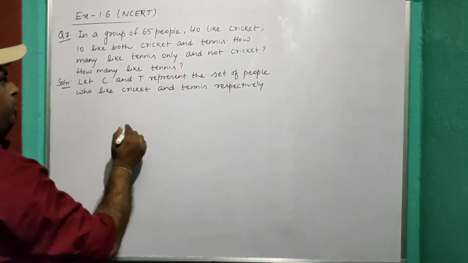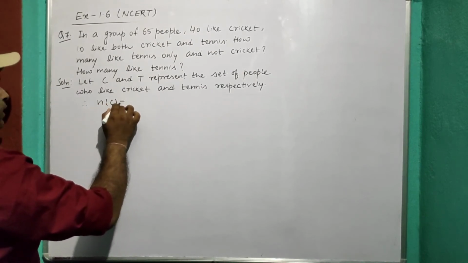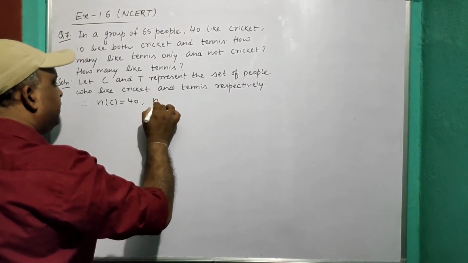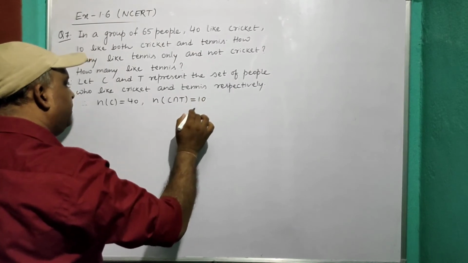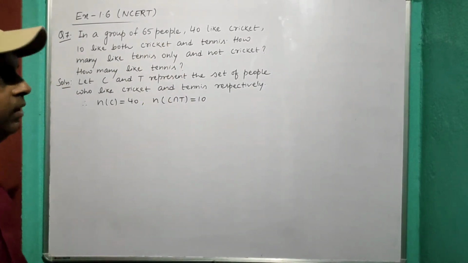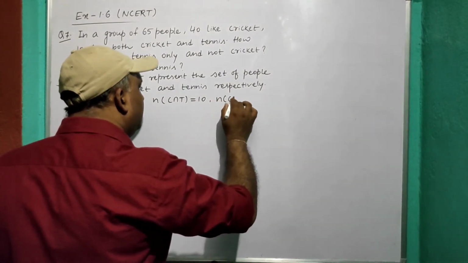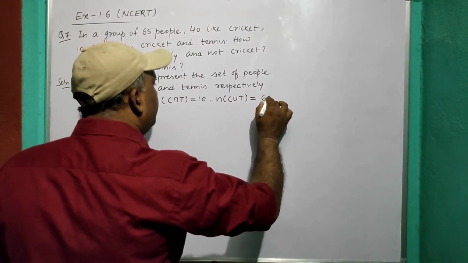Since there are 40 people who like cricket, NC equal to 40. 10 like both cricket and tennis, that is N C intersection T equal to 10. And total there are 65 people. So N C union T is 65.